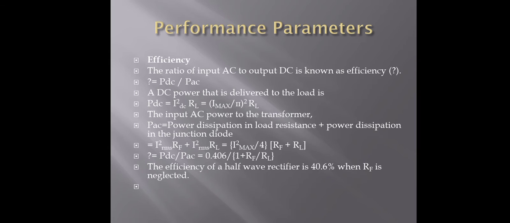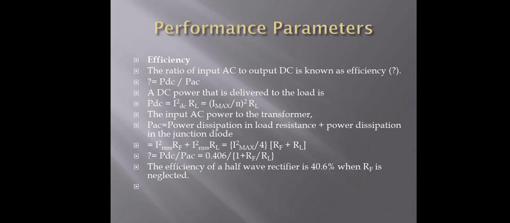PAC is equal to Vrms into Irms, that means the power dissipation in the load resistance plus the power dissipation in the junction diodes. Now next is the efficiency of rectification, the ratio of output DC power to input AC power, called the efficiency. Efficiency eta is equal to PDC upon PAC.